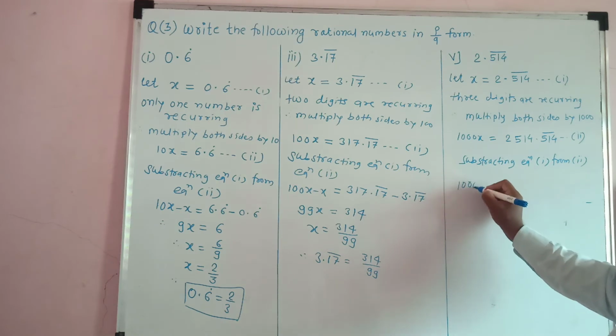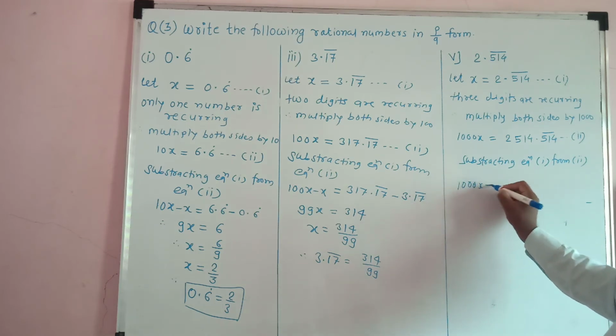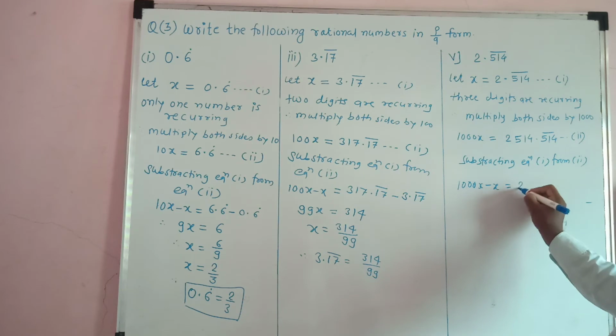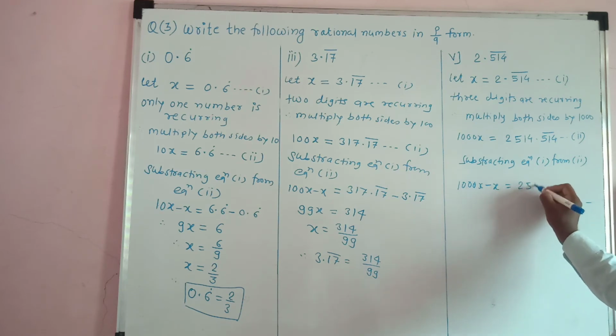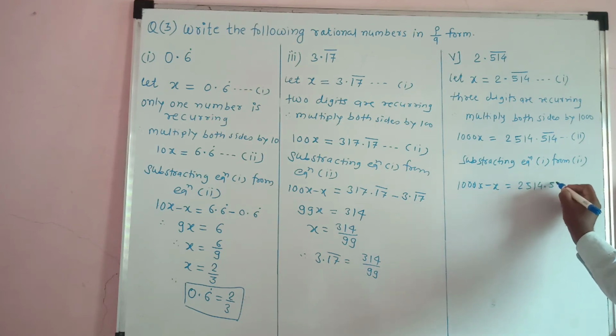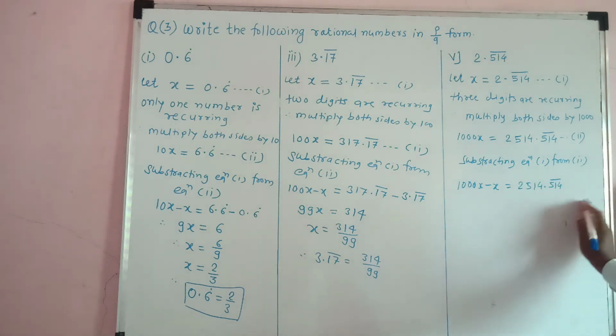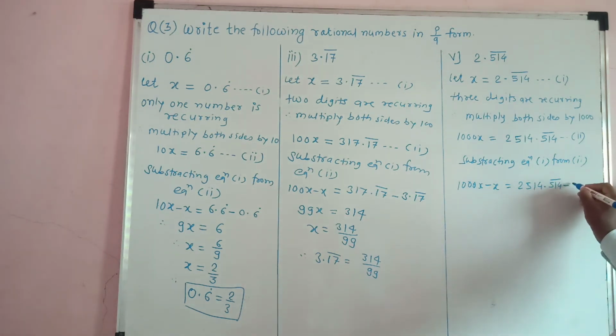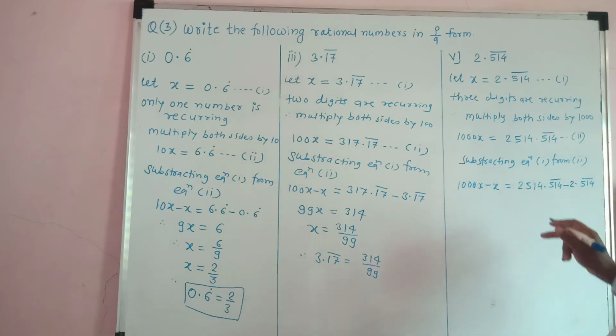Therefore 1000x minus x is equal to 2514.514 bar minus 2.514 bar.